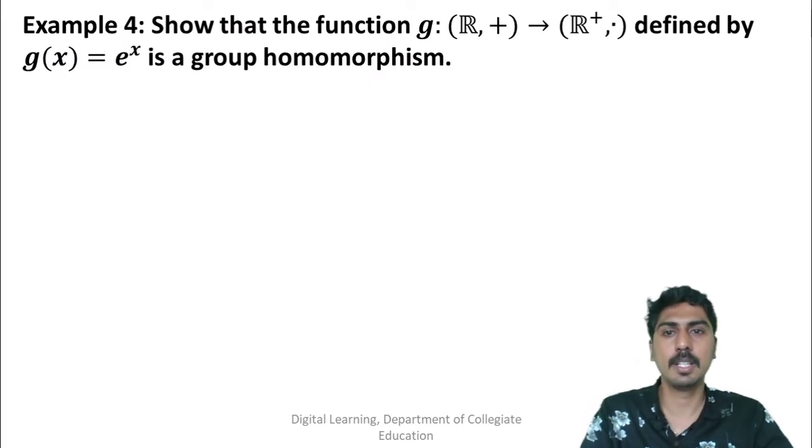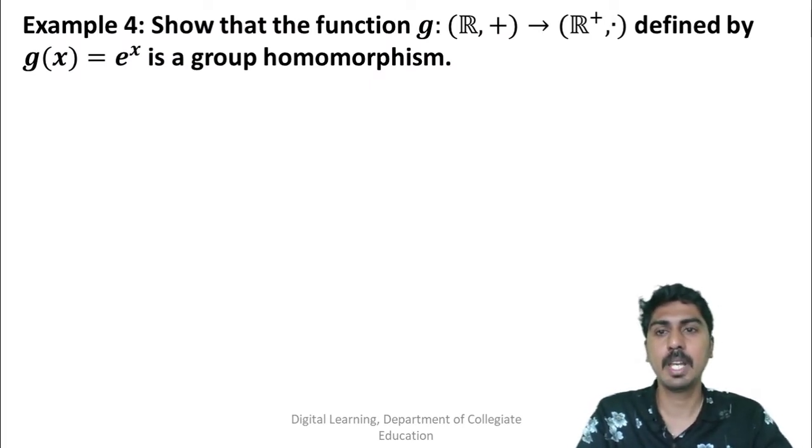Now I consider the next example. Show that the function g, which maps the additive group of real numbers to the multiplicative group of positive real numbers defined by g of x equal to e power x, is a group homomorphism.